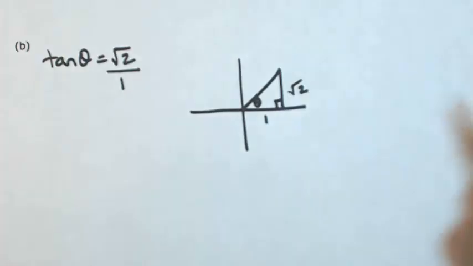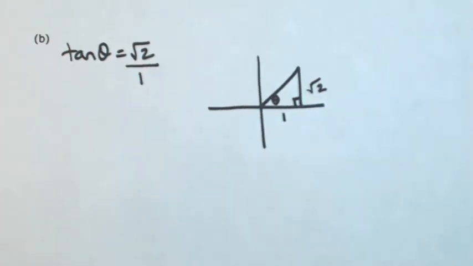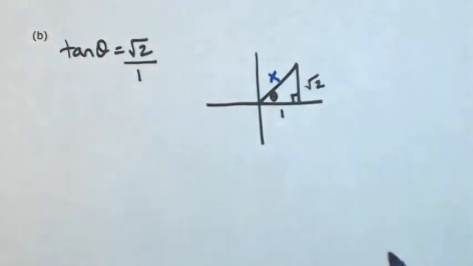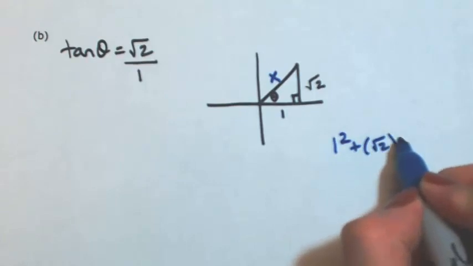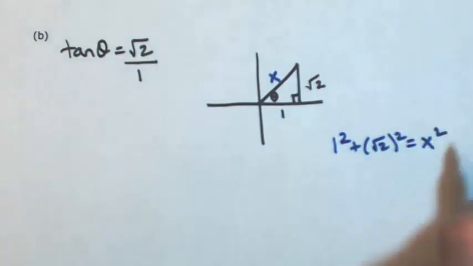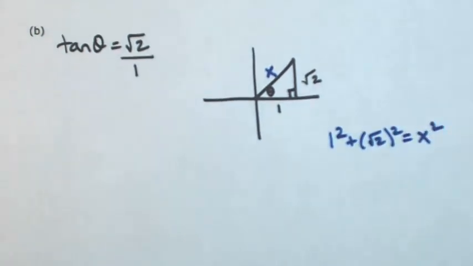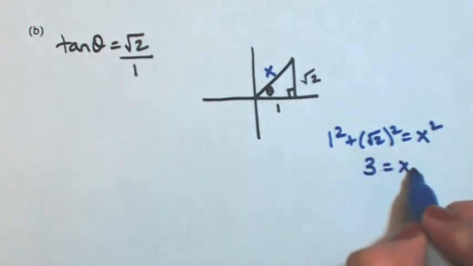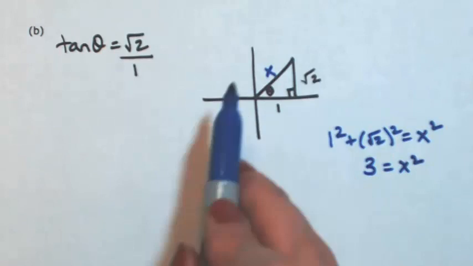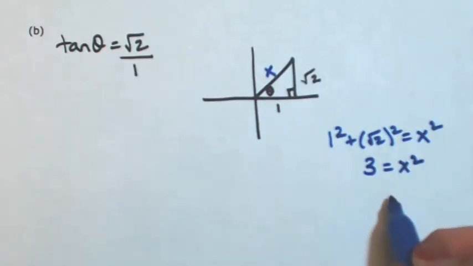And so now all I have to do is find that missing side. So let me call that maybe x. So using Pythagorean theorem, 1 squared plus square root of 2 squared is x squared. So 1 plus 2, so 3 is x squared. And again, because you're in the first quadrant, everything's going to be positive, so this is going to be just positive square root of 3.